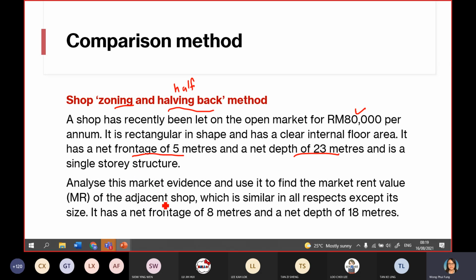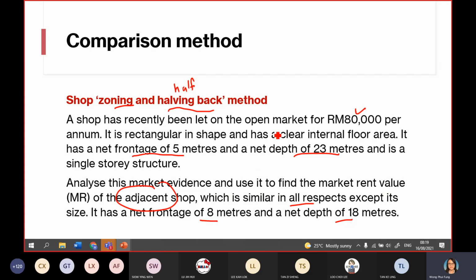Analyze this market evidence and use it to find the market rent value of the adjacent shop, so the shop beside, which is similar in all aspects except the size itself. So for the second, the frontage is 8 meter and the depth is 18 meter.